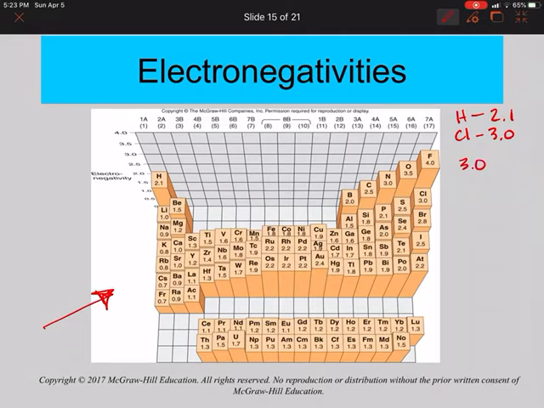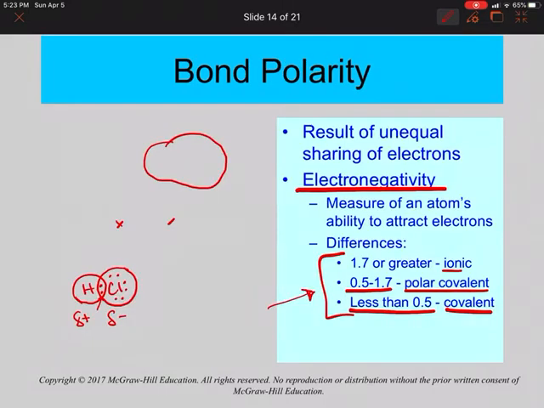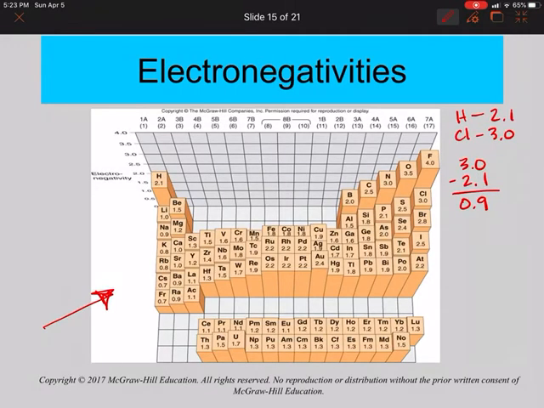That's what it's going to say on the homework. So you take 3.0 minus 2.1, which is 0.9, right? And if you go back to this previous one, it said if it was 0.5 to 1.7, then it was considered to be polar covalent. So that tells you that hydrogen and chlorine is polar covalent.